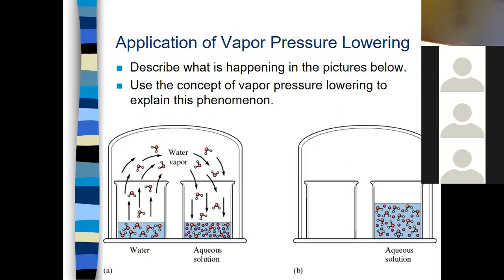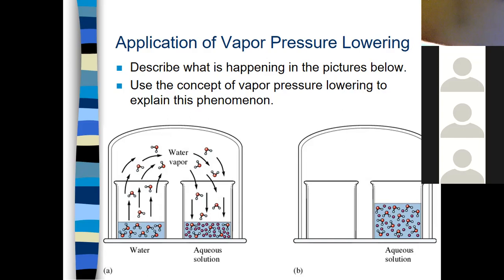Now, one thing to point out is the picture on the left is a bit overly simplified because it shows those arrows leaving water and going to the solution. It leaves you with the impression that water is only evaporating and the solution is only condensing. That's not true.